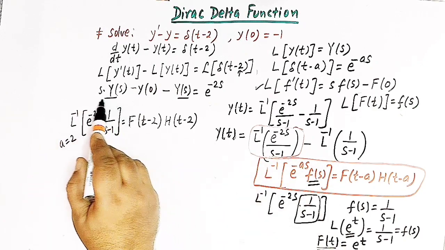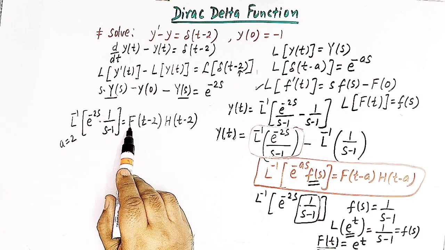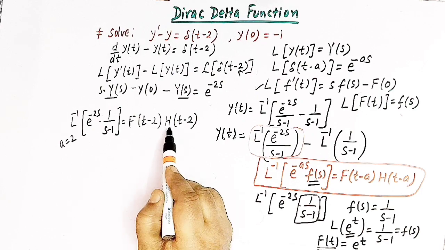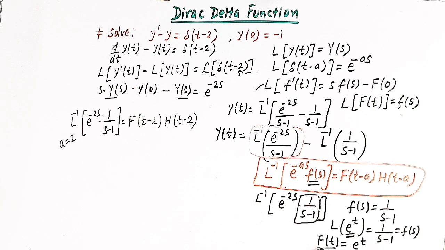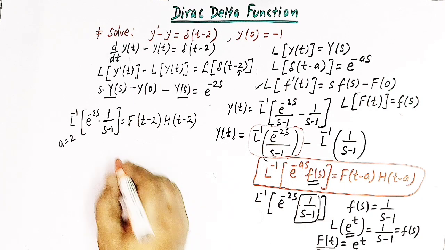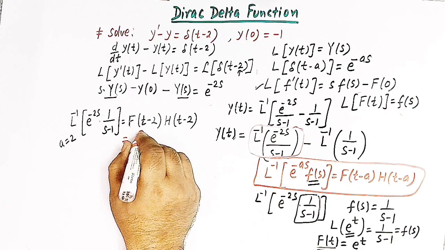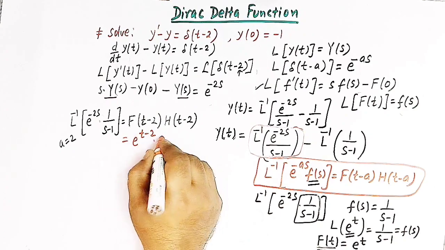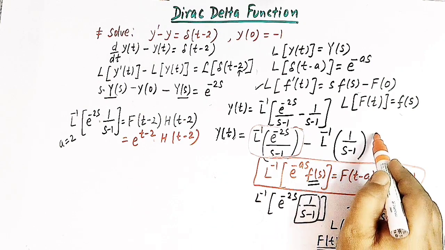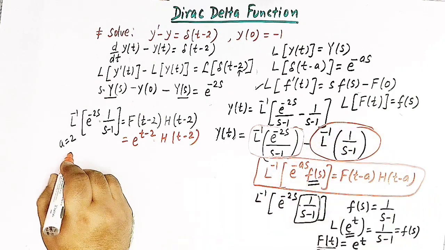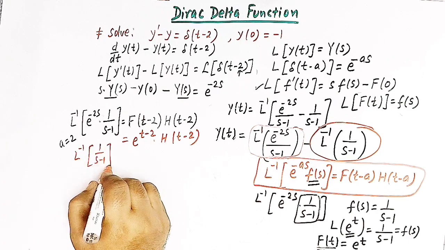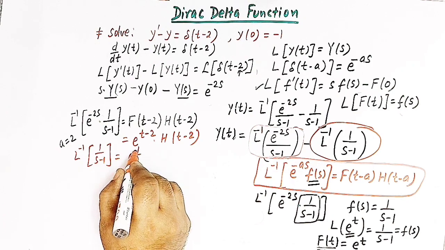So the value of this expression is given by the product of these two functions, f(t minus 2) times h(t minus 2), and f(t) is e raised to t. So now we can write e raised to t minus 2 times h(t minus 2), right? And the value of L inverse of 1 over s minus 1 is given by e raised to t.